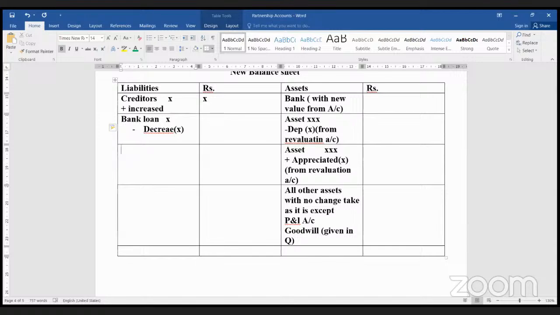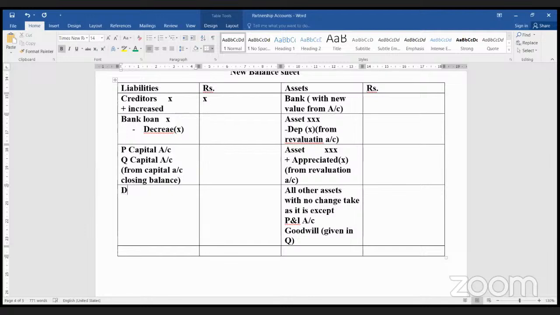Capitals, what you will take: P capital account, Q capital account, from the capital account closing balance, not from the old question balance sheet. Okay, the next you are not supposed to take. Do not take.